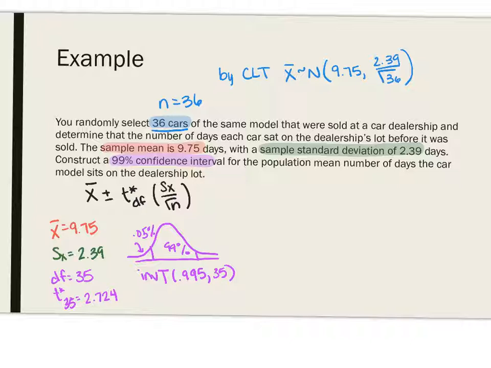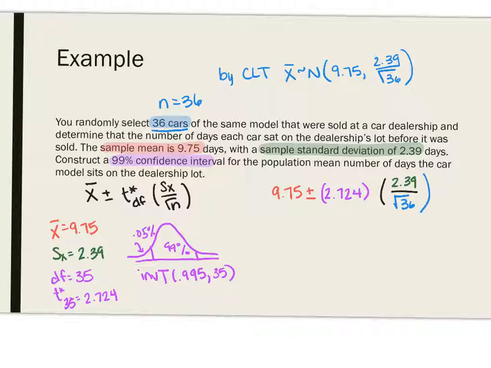So now all we have to do is plug these numbers into the formula. The formula reads: x bar, which is 9.75, plus or minus t star, which is 2.724, times S of x, which is 2.39, divided by the square root of n, which is 36.